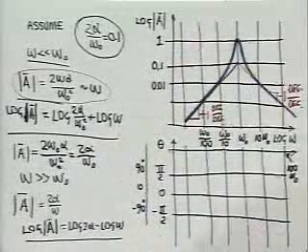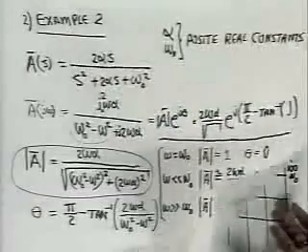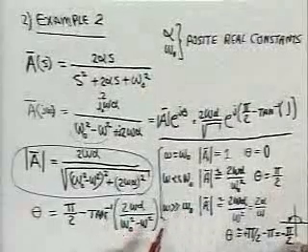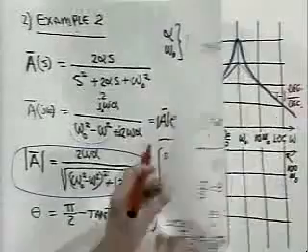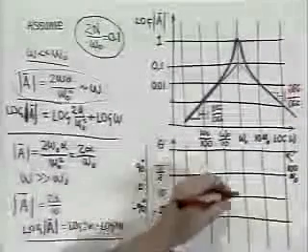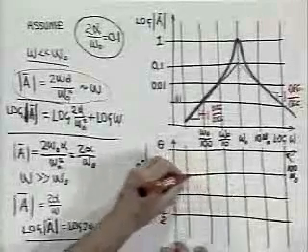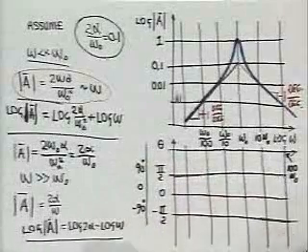Let's look at the angle for omega much, much less than omega naught. The angle was pi over 2. For omega much, much greater than omega naught, it was minus pi over 2. And for omega equals omega naught, it was 0. So it passes through that point. It has a low frequency asymptote like this, and a high frequency asymptote like that, minus pi over 2.